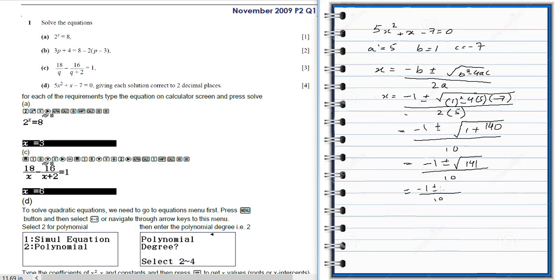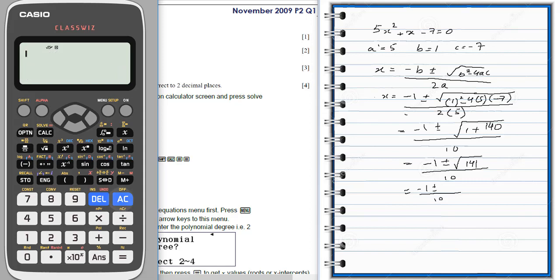So let's find the square root of 141 by using the calculator. Square root of 141 is 11.87, to two decimal places.